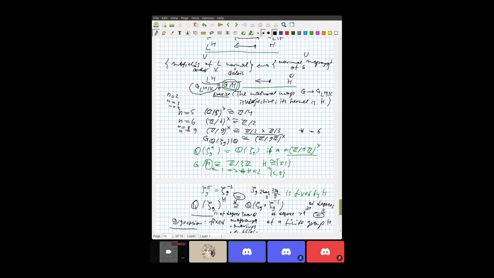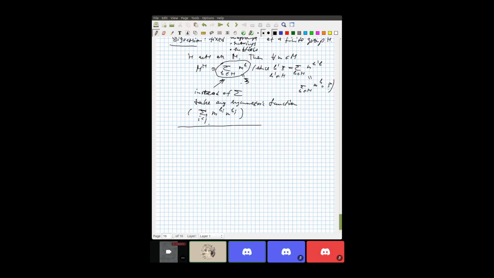For instance, you see that we have considered many cases: 2, 3, 4, 5, 6, 8, 9. But why haven't we considered the case of n equal to 7? Perhaps. Well, its group of invertibles consists of 6 elements.